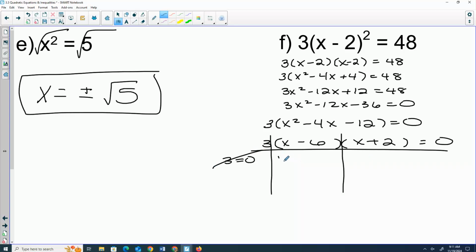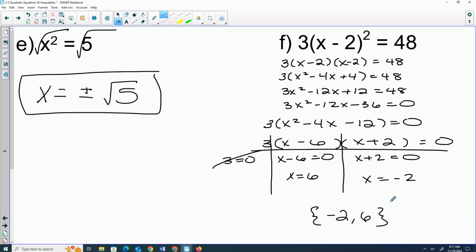No, so that doesn't give me anything. What makes x minus 6 equal 0? Add over the 6 and we get 6, and x plus 2 equals 0. Subtract our 2, we get negative 2. So we get negative 2 and 6 for our answers. The 3 out in front doesn't change anything. Alright, this works. We got our answer.